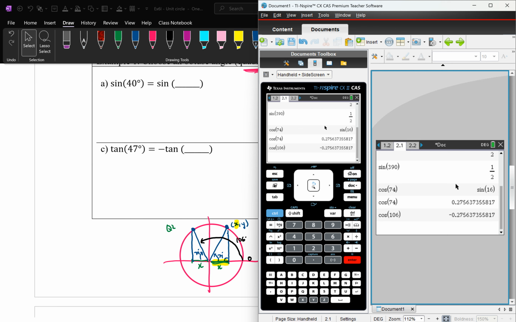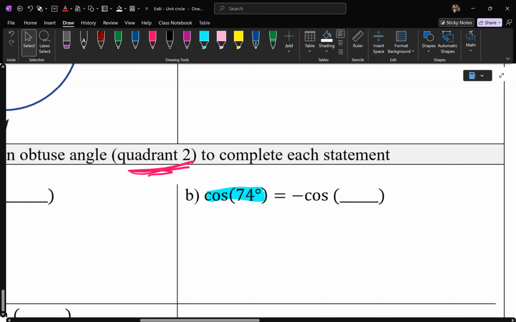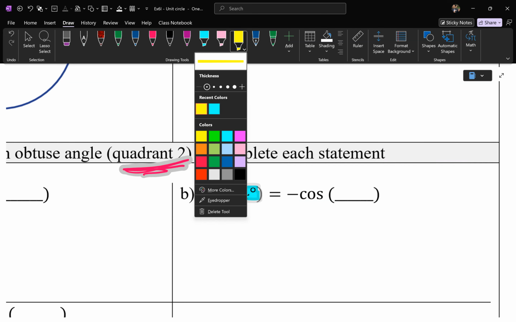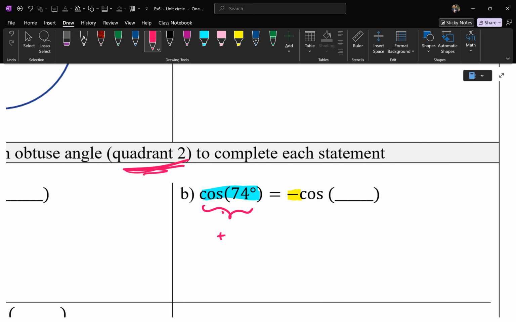It'll be the negative. But notice why I put a negative. Let me go back again. Notice why in my answer I had a negative here. Because I knew cos of 74 would have given me a positive answer. This was 0.275, right?